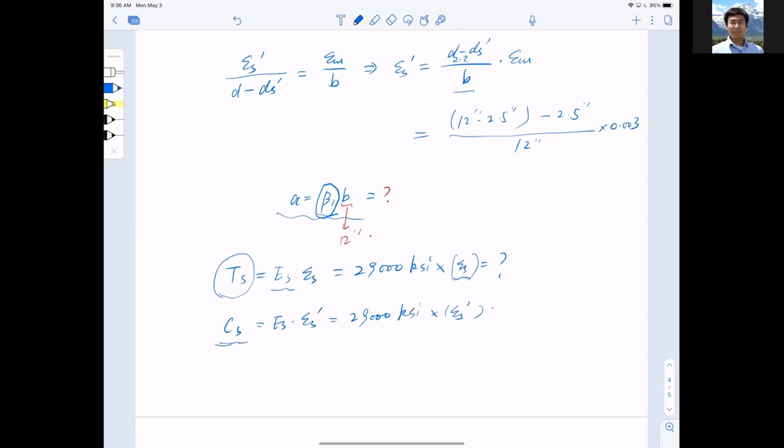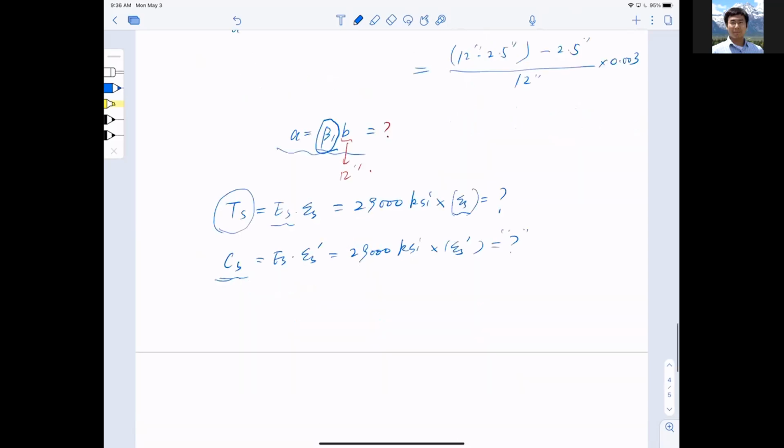And this is in compression, so I don't have to worry about the sign for the compressive steel. Now for the concrete, Cc is equal to 0.85 f'c, beta 1, b h. Okay, so you know the rest of the numbers, just have to be careful on the beta 1, all right?